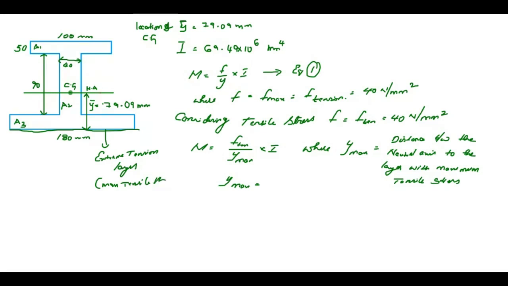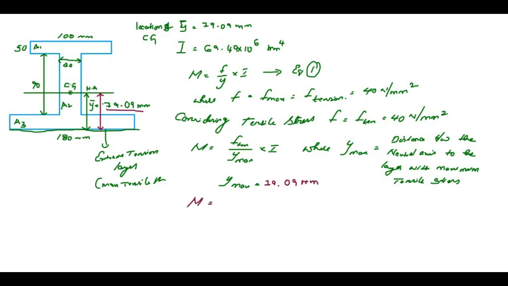So what is the distance between the neutral axis and this layer? What is this value? Right, absolutely. This is nothing but 79.09, so you can just put here 79.09 mm.